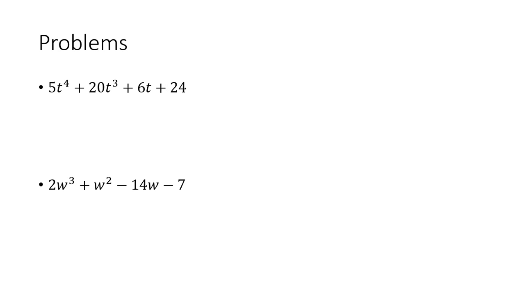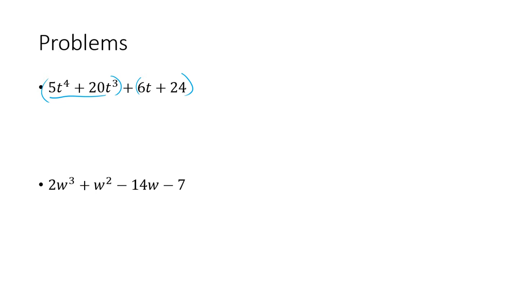With the first one, you notice that we don't have just t to the 3rd power, we actually have t to the 4th. Again, what we want to do is group the first and group the second. So what is the GCF of this first part?